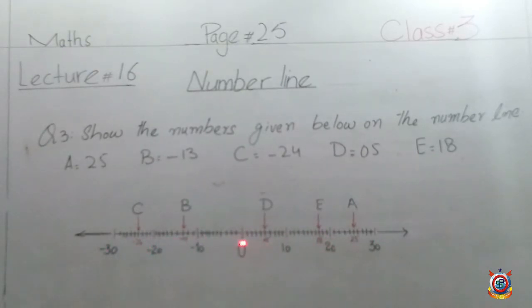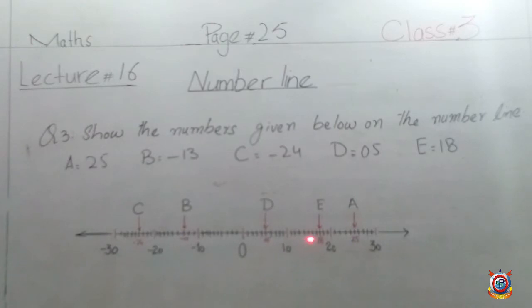Look at the 0 point, and from 0 to the right side are the points. From 0 up to 10 are 10 points, from one big mark to another big mark. In between there are 10 points.